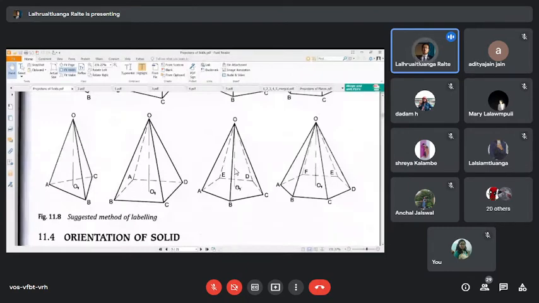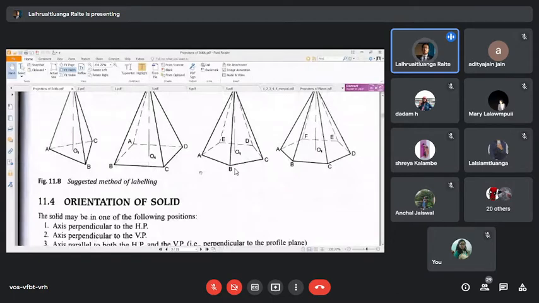This is a non-existent point in the sense that points A, B, C, D, E, and O are more or less solid and identifiable. But the point O1, where the axis falls, is more or less imaginary, and this can be the center of the base where all the diagonals meet. All right, so we have a pentagonal pyramid here and a hexagonal pyramid over here.